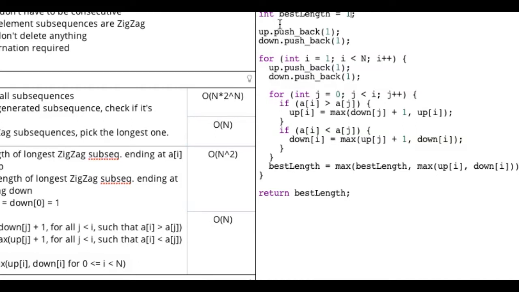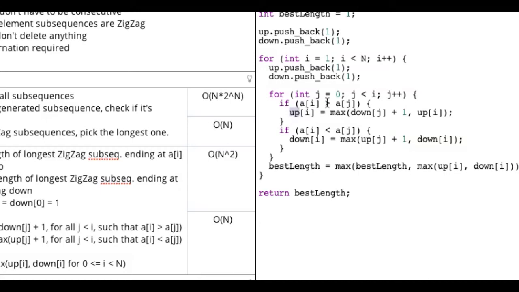So reading through the code, initializing up and down, initializing best length properly this time, putting the initial values of ones, which is good. I goes from 1 to n minus 1, j goes from 0 to I minus 1. That looks good too.